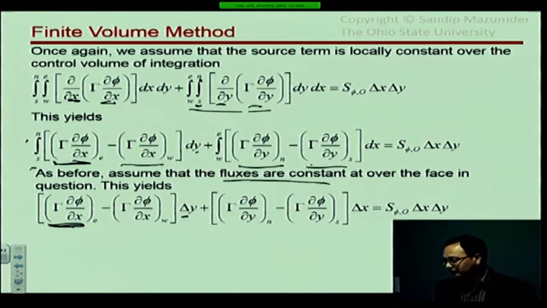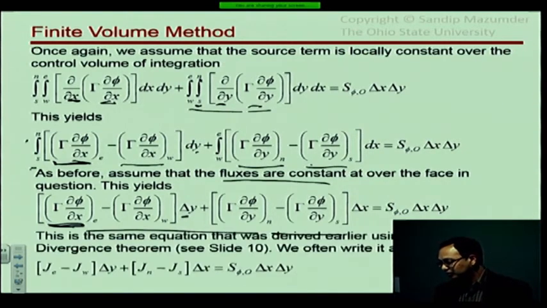So we get that, and now we are back to our original equation of J east minus J west, which are the fluxes, times delta y, plus J north minus J south times delta x, equal to S times delta x delta y. So this is with direct integration without applying the divergence theorem.